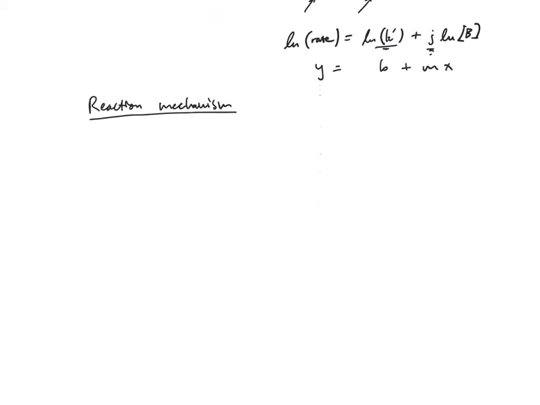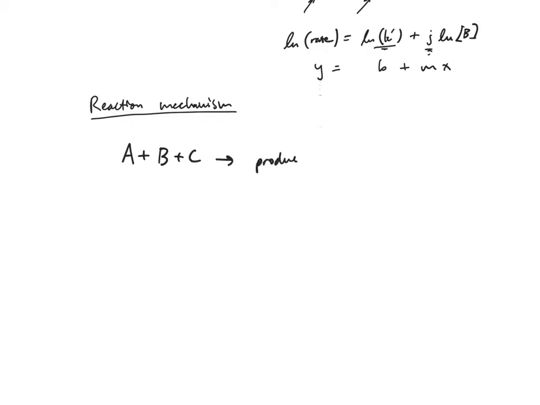Next, I'd like us to consider the effect of reaction mechanisms on the rate law. So we're going to have another hypothetical reaction. Let's say that A reacts with B, reacts with C, and this forms products. And let's say that this reaction has the following mechanism.